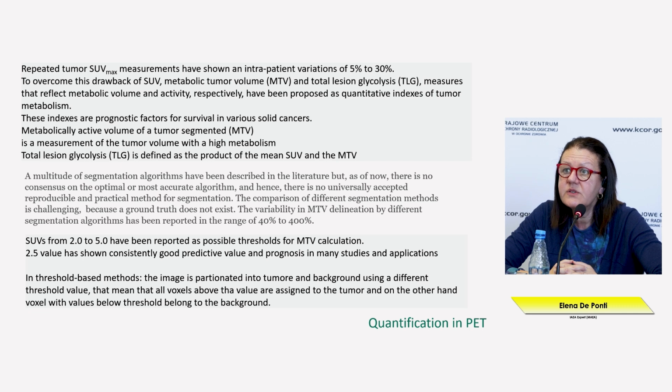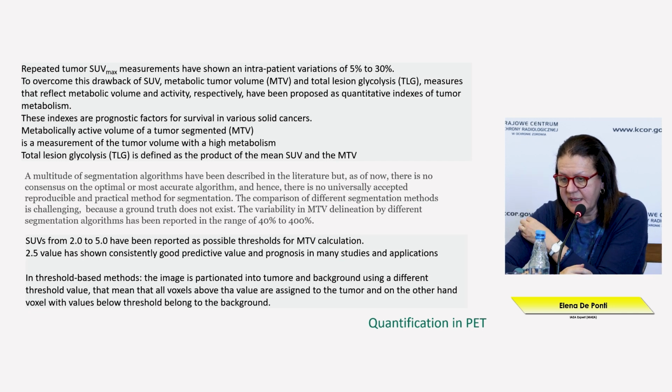So maybe we had better investigate our own situation and find evidence of what we get in the different situations. In the past, we have used different ways for segmenting the tumors.